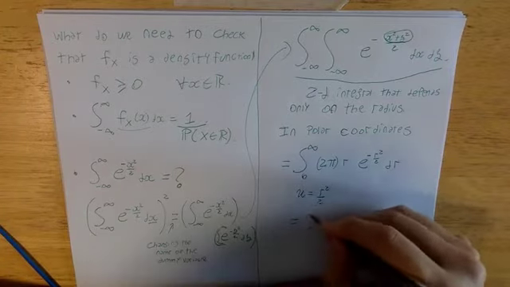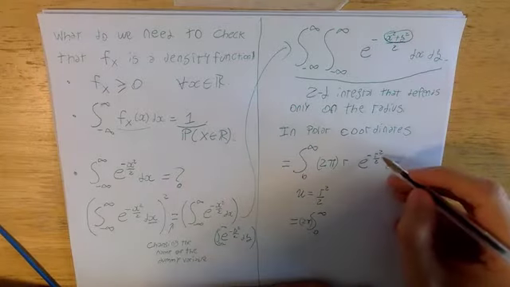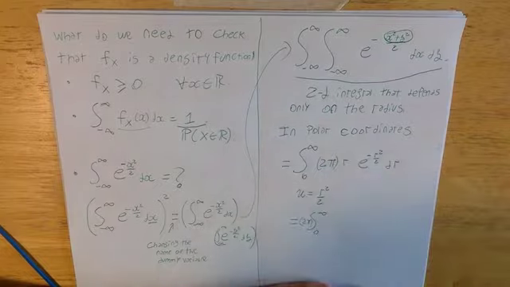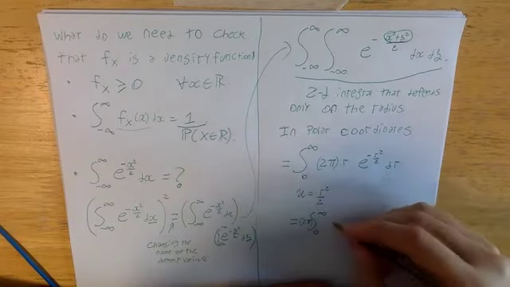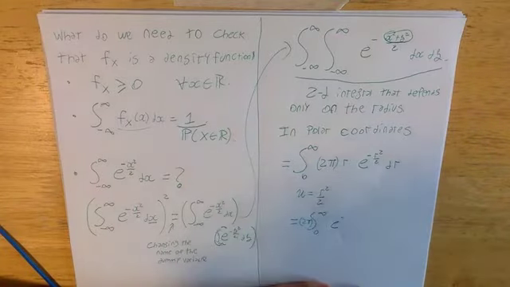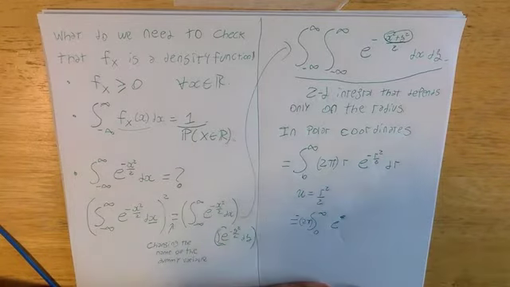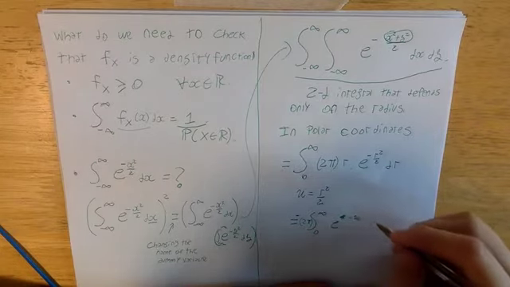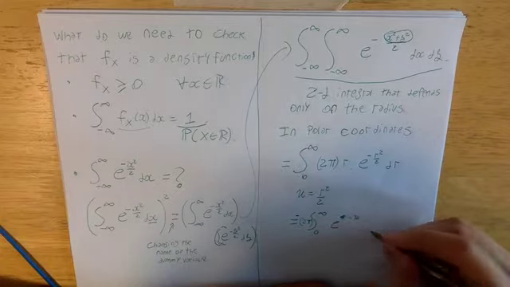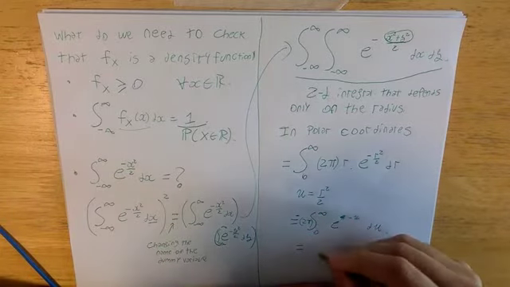And what you get here is that the 2 pi is outside, and the integral from 0 to infinity of e to the minus u du, with a minus sign outside from flipping, which in this case is just equal to 2 pi.